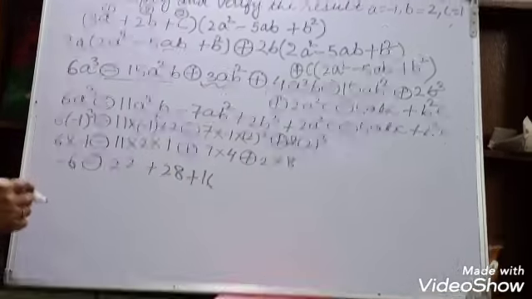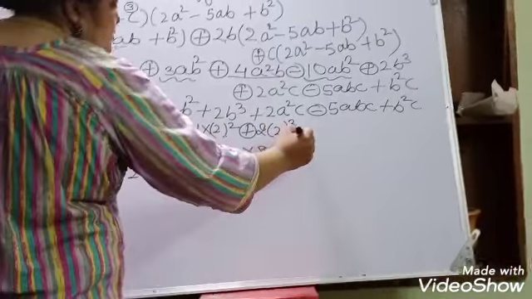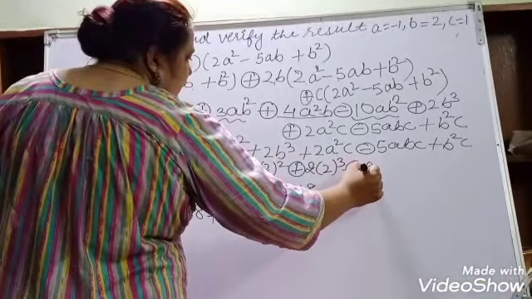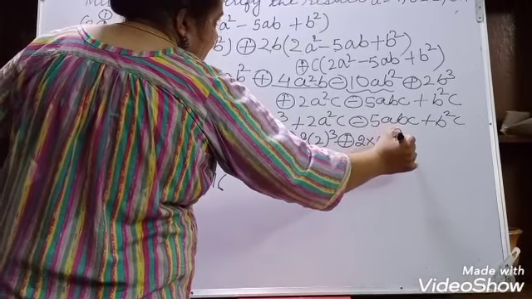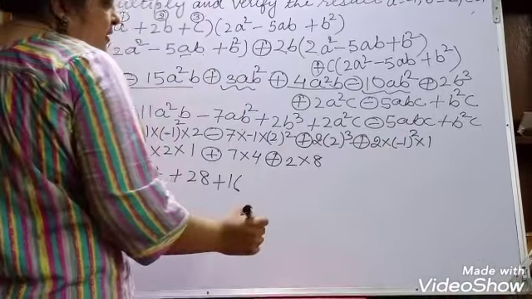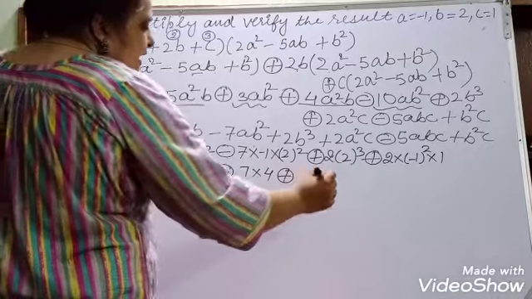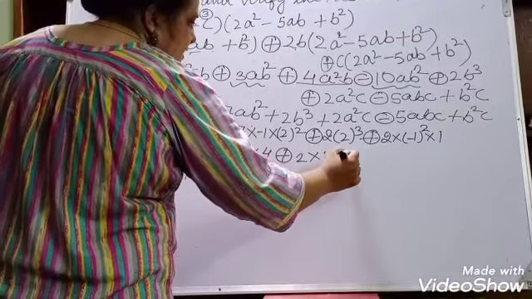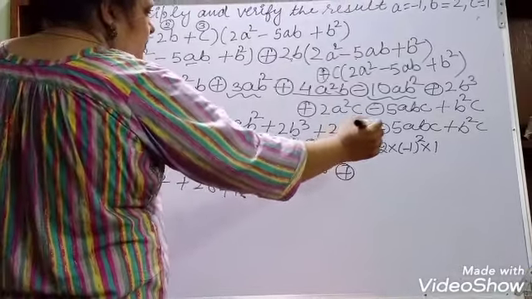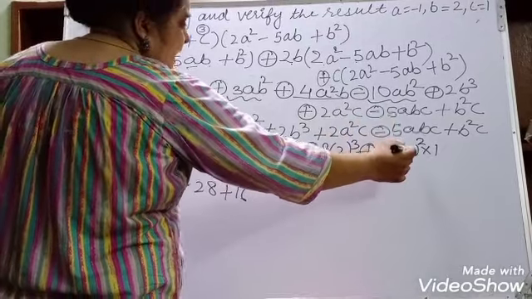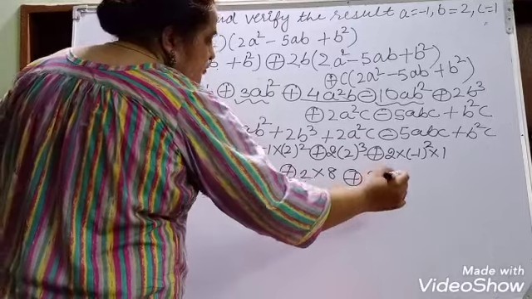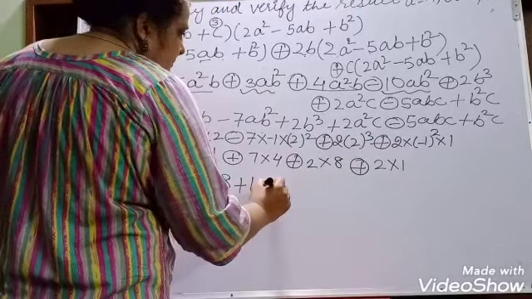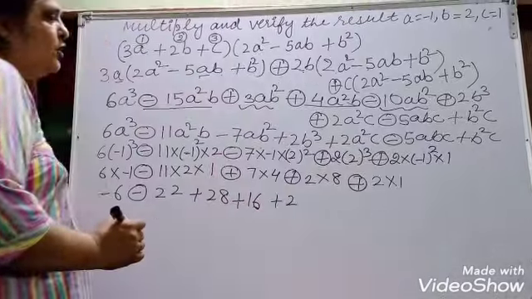Then the next term is +2a square c, where a is -1 whole cube square and c is equal to 1. Now class, here we are going to get 2 into -1 square. Again the power is even, so it will become 2 into 1. So the next number is 2 into 1, that is equal to 2.